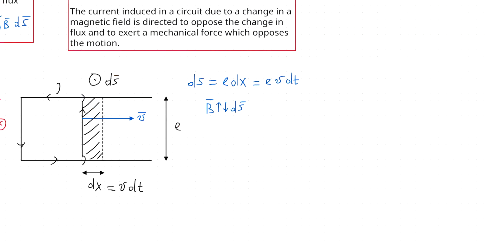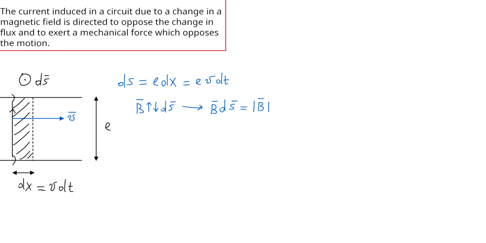And this means that the scalar product B dS is equal to absolute value of vector B multiplied by absolute value of vector dS multiplied by cosine 180 degrees, 180 because of this.